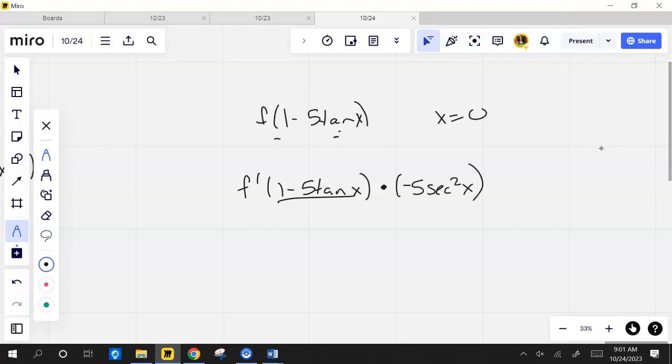like that. So now I look, where did it say? It said it's 0, so I'm going to put a 0 in here. So this is f prime of 1 minus, what's the tangent of 0? 0. So 1 minus 0 times -5. What's the secant of 0?